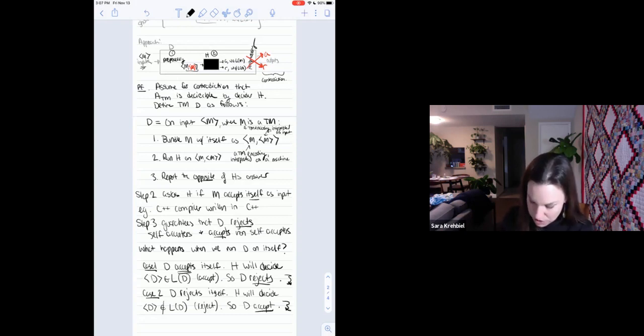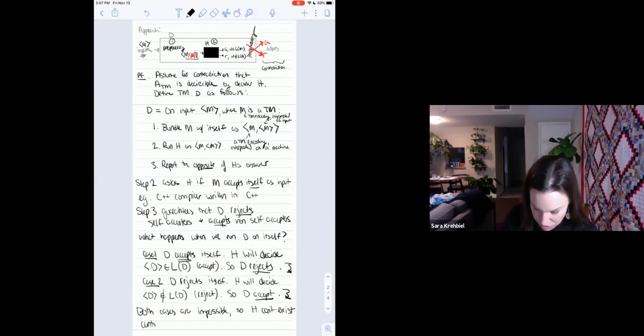This is also a contradiction. So I'm going to end by saying both cases are impossible. So H can't actually exist, contradicting the decidability of ATM.